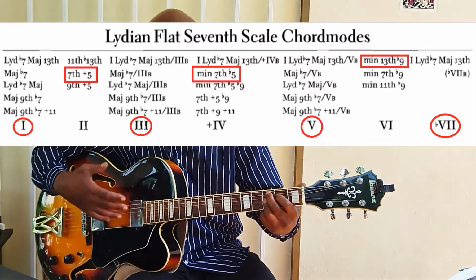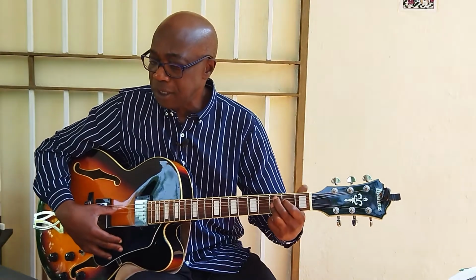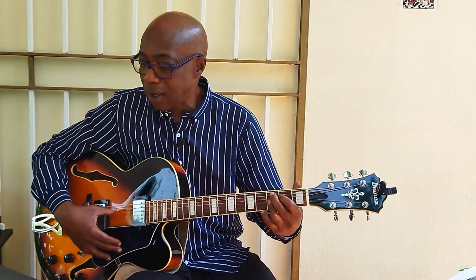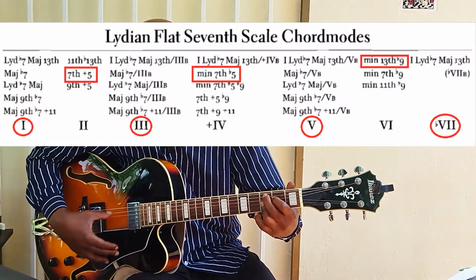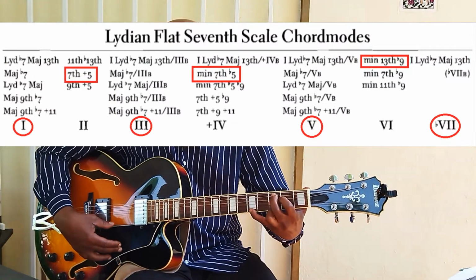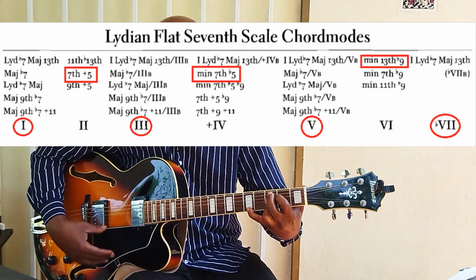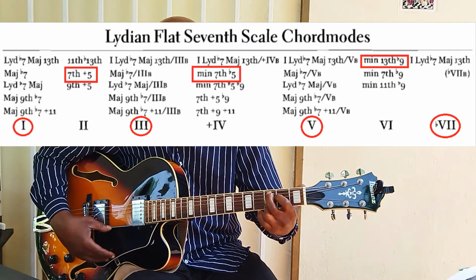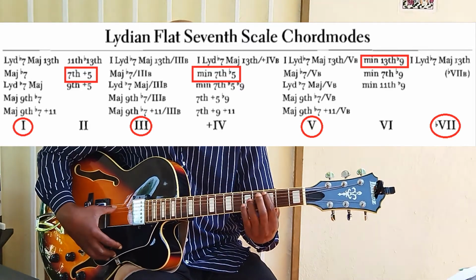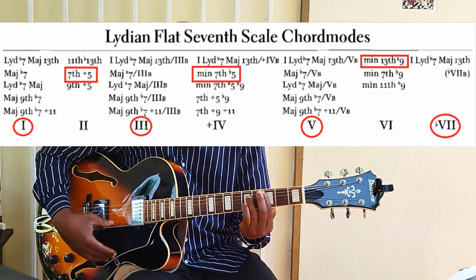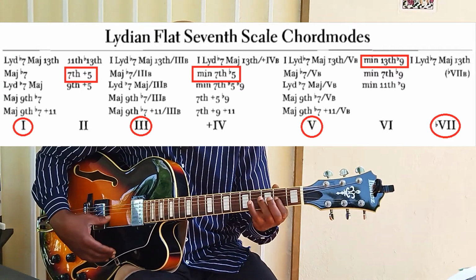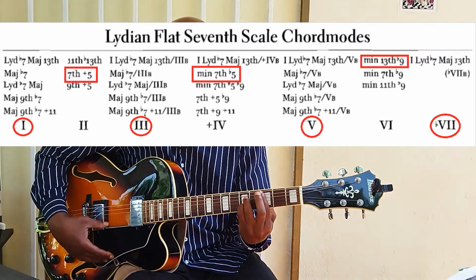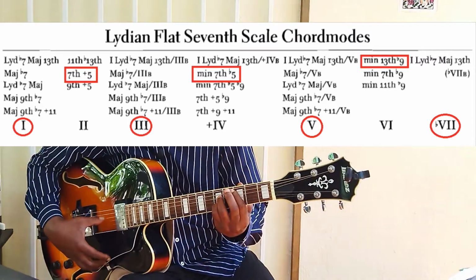So let's just check out the sounds physically and see what they sound like. We have the Lydian major 13th. Then you have the 7th. The 9th.